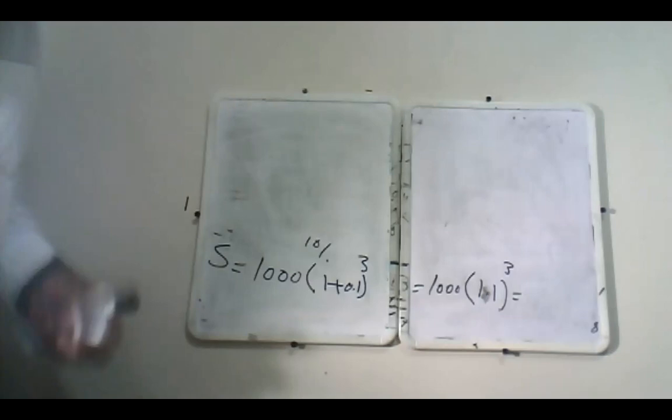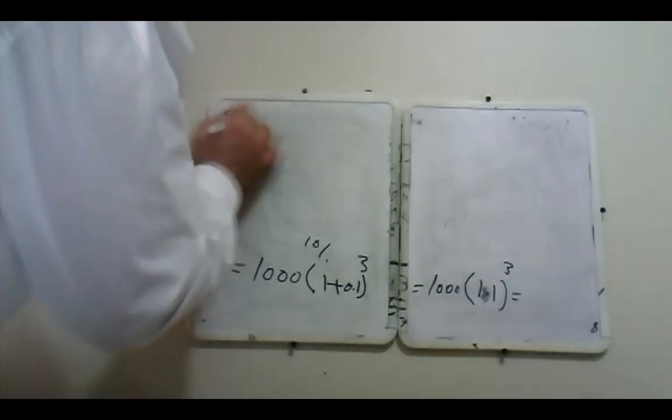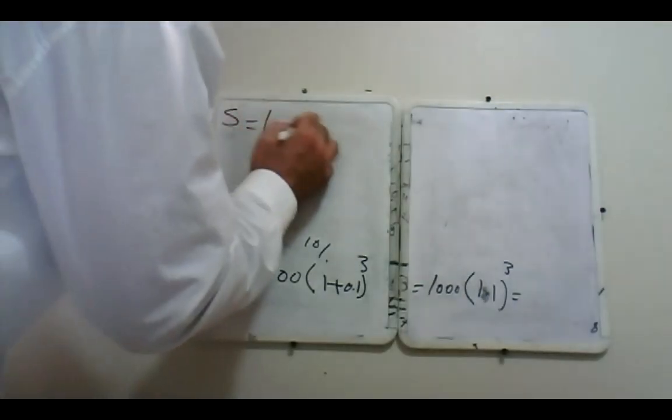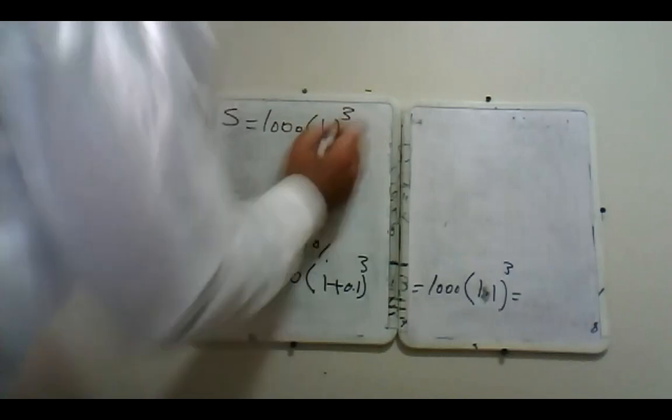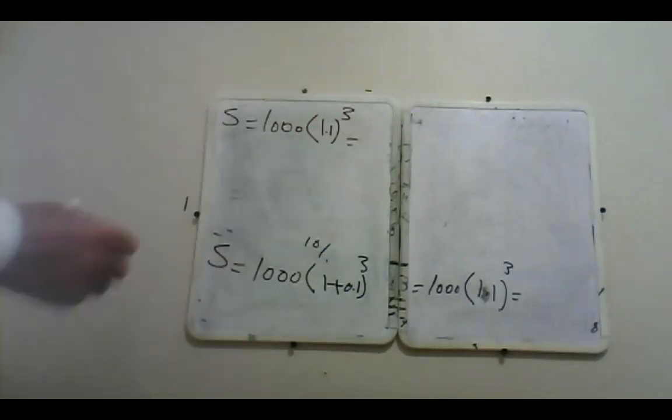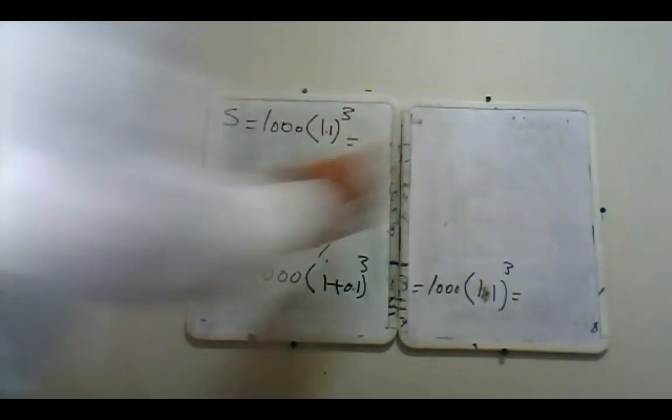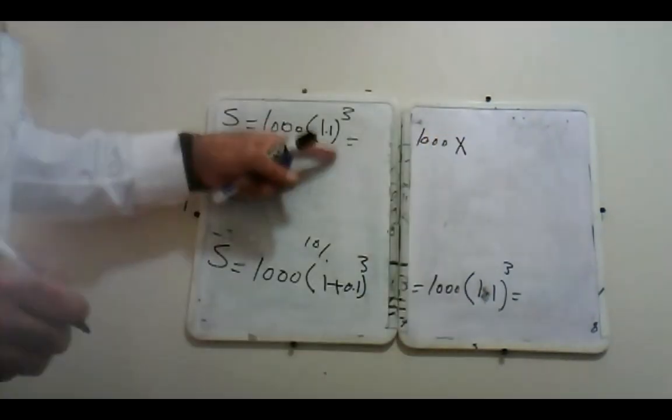The future sum will be 1,000 multiplied by 1.1 power 3, the time. So 1,000 is outside, multiplied by 1.1 cubed.